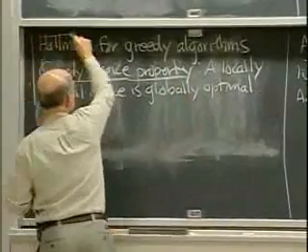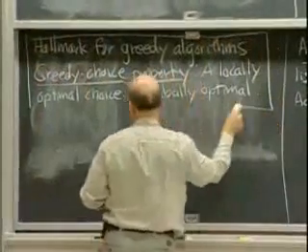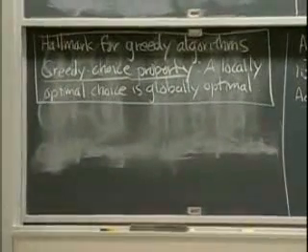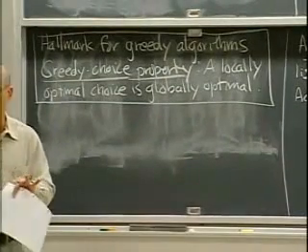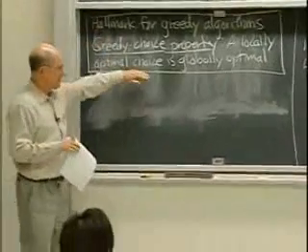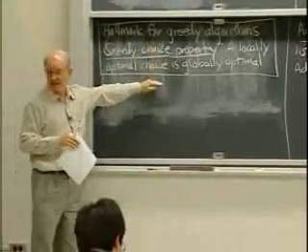And of course, as with all these hallmarks, this is the kind of thing you want to box. Okay, because these are the clues that you're going to be able to do it. So we have this property that we call the greedy choice property. I'm going to show you how it works in this case.